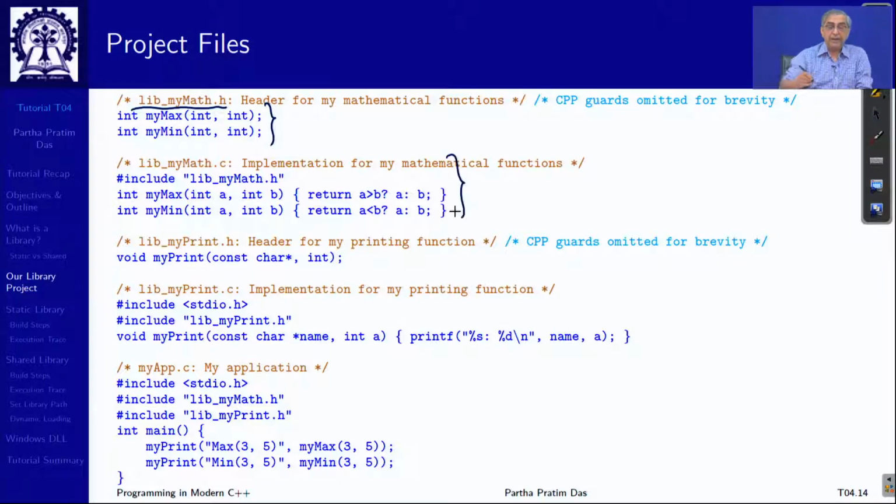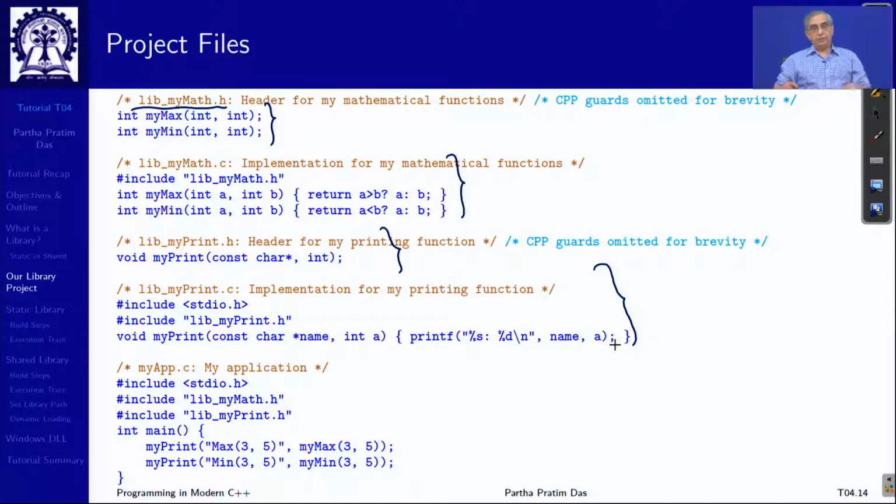Naturally, you have an implementation of this in the libmath.c source file. I have a print header containing the prototype of a myprint function, and I have the implementation of that in the corresponding libmyprint.c.